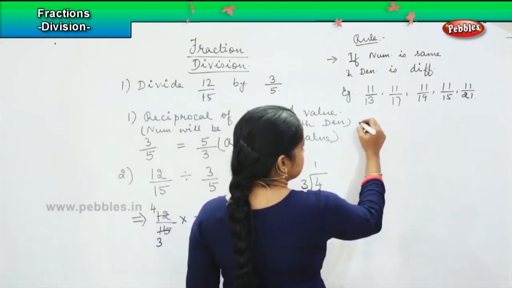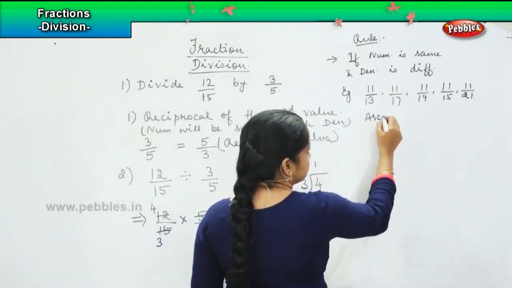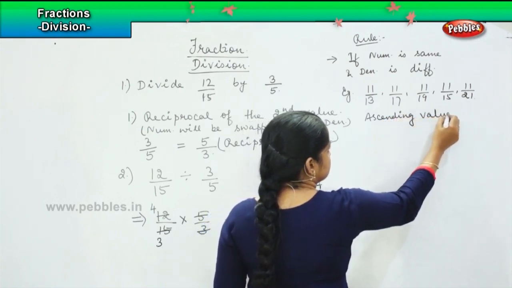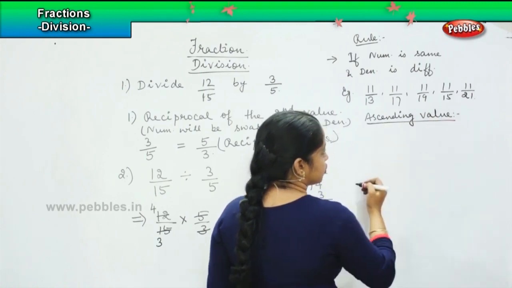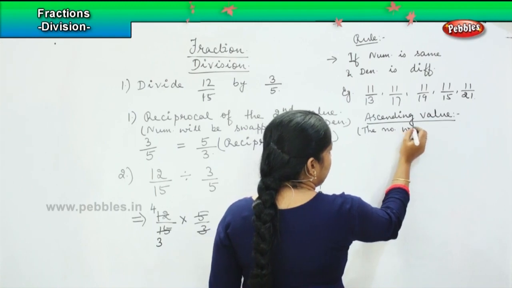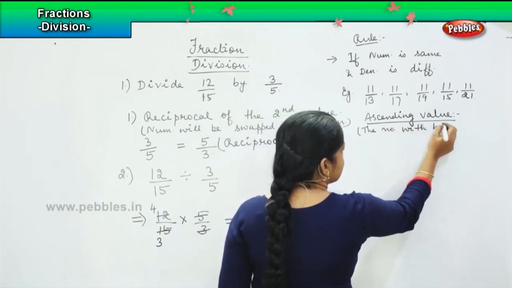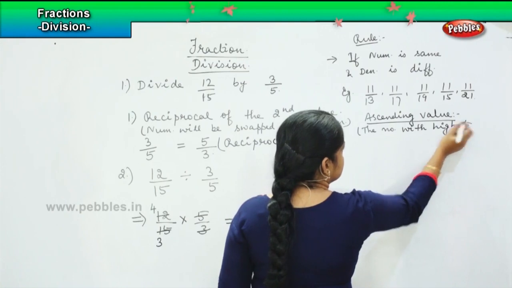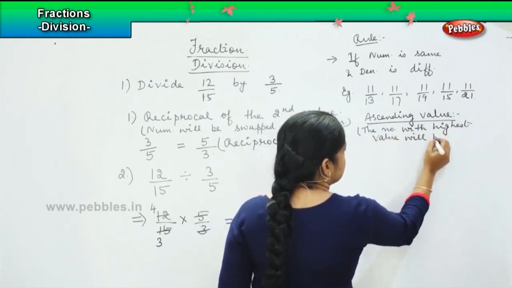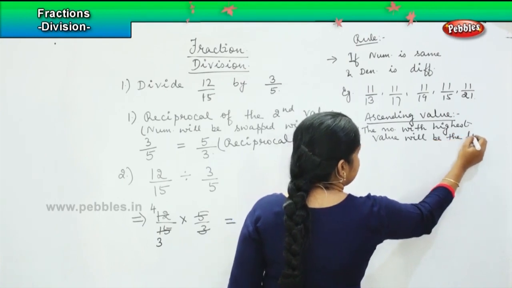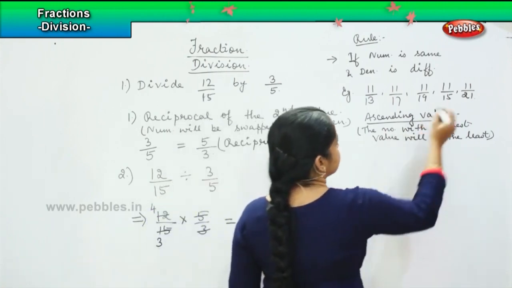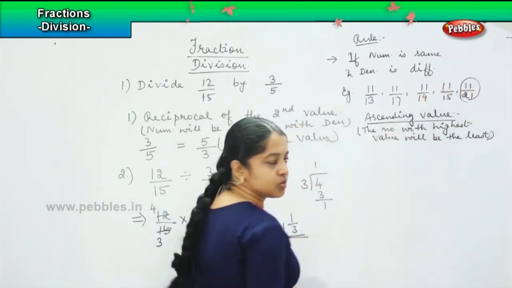So, how will you arrange it in the ascending order? So, ascending value will be the number with the highest value will be the least, which means that here the highest value is 11 by 21.